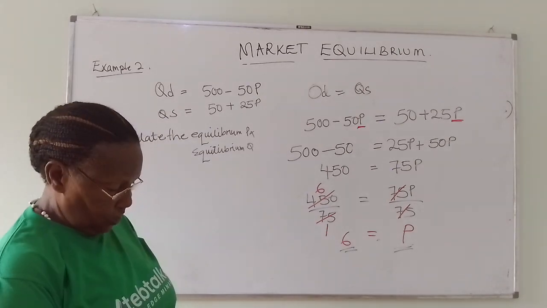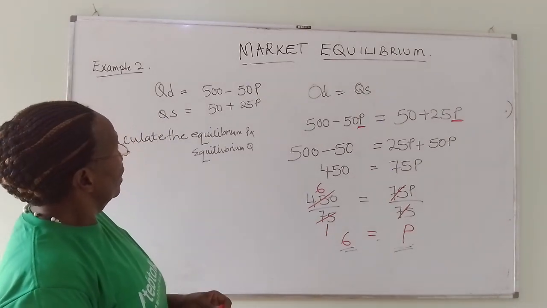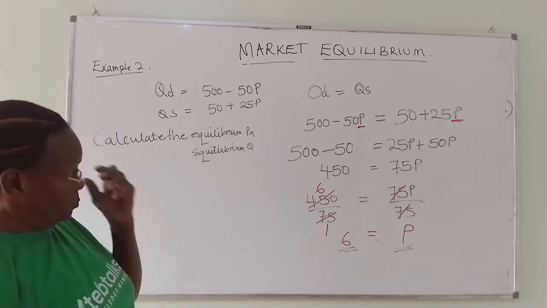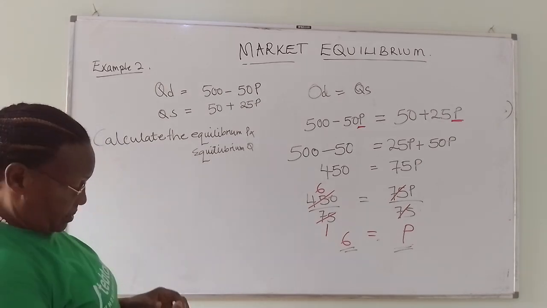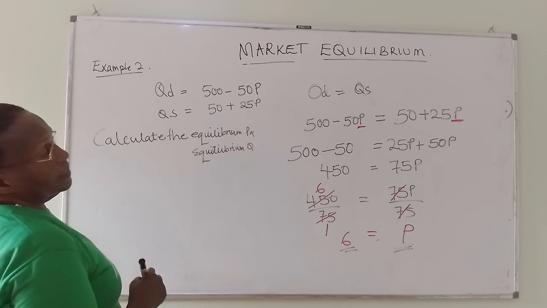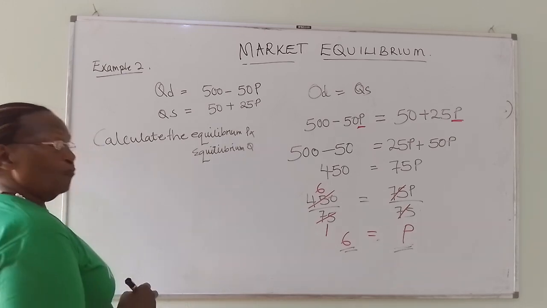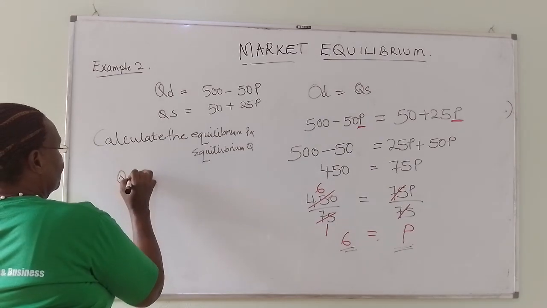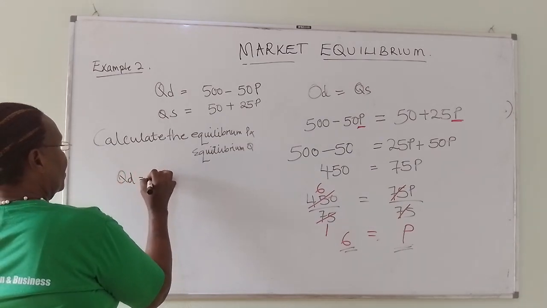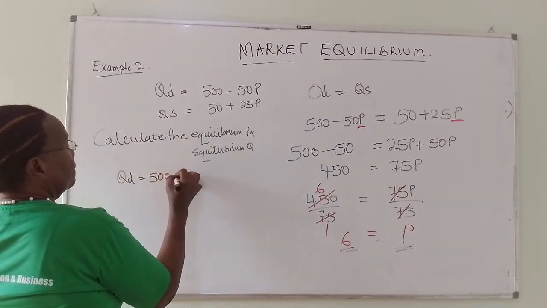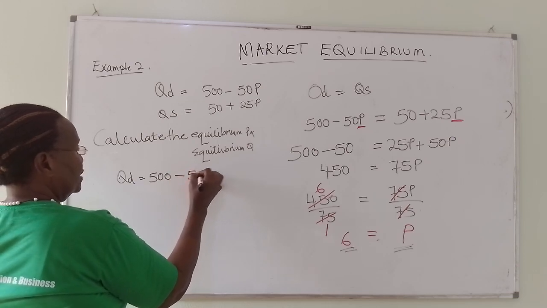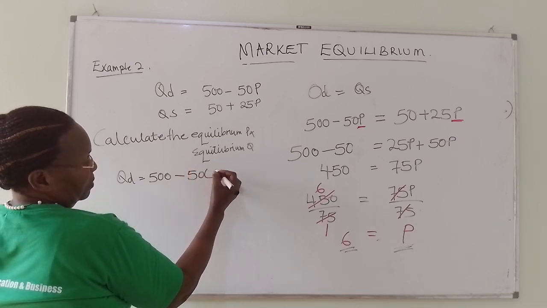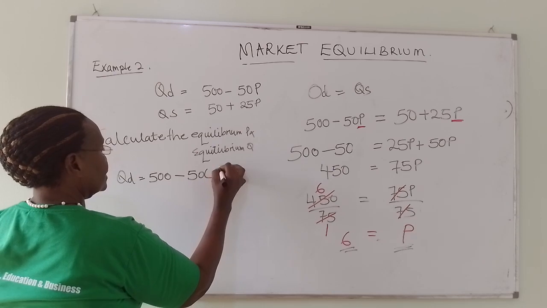Now we substitute into our demand and supply functions respectively to find the quantity supplied and quantity demanded, whether they will be equal. So quantity demanded equals 500 minus 50p. We have seen that our p is 6.